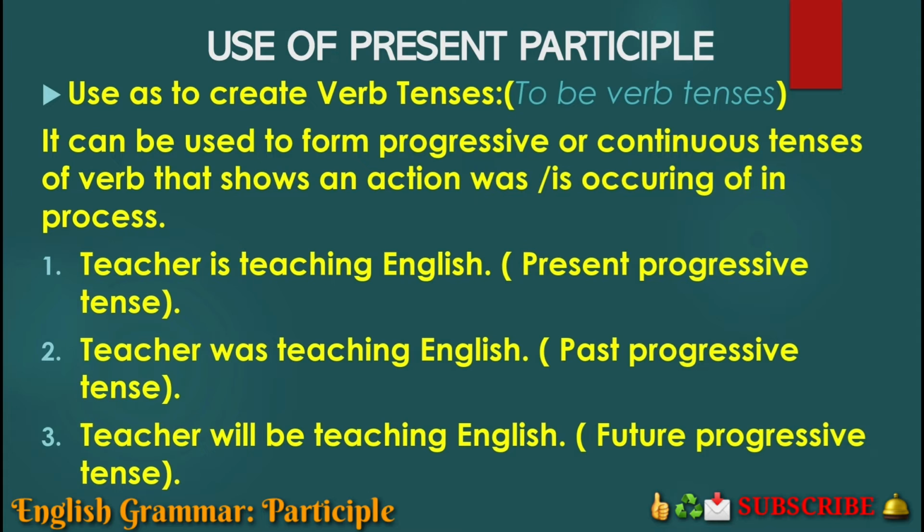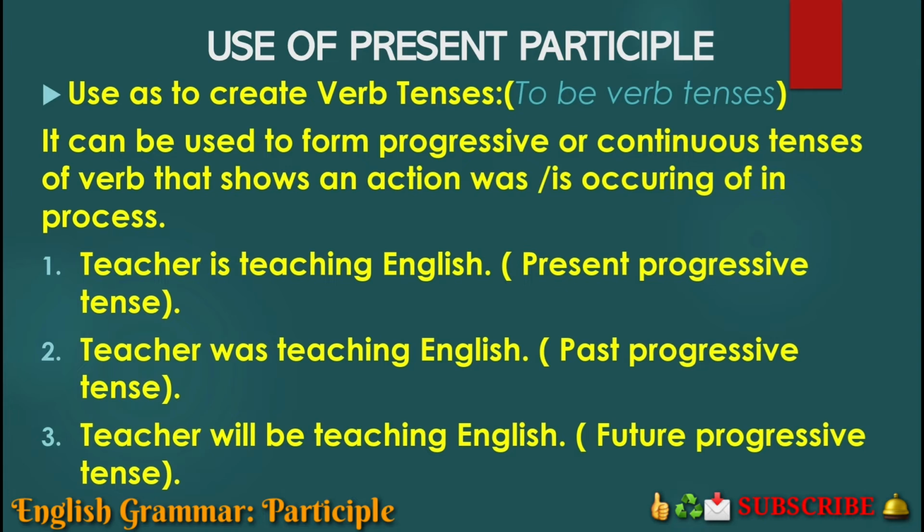Now let's have an example. Teacher is teaching English. Students, in this sentence, a to be verb is used with the present participle, that is teaching, and it shows the present progressive tense. It means that the present participle teaching is used to form the present progressive tense.